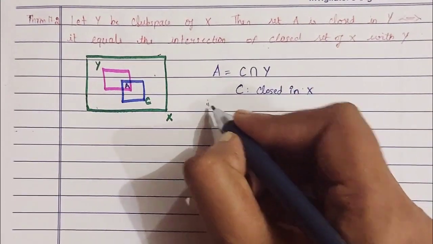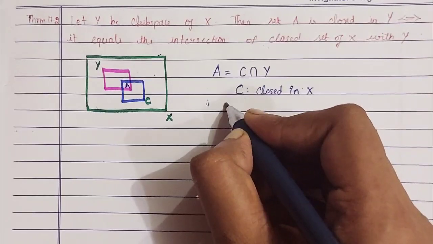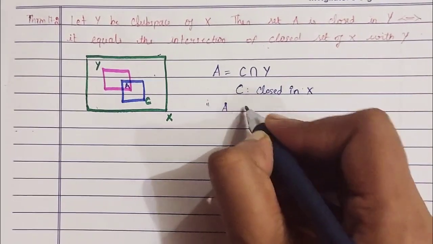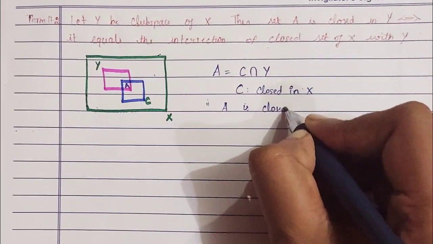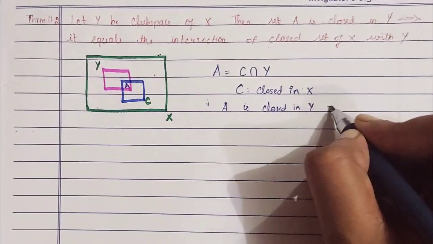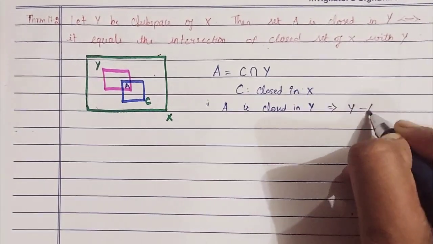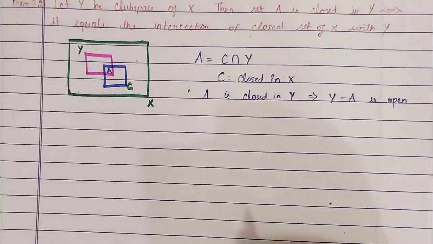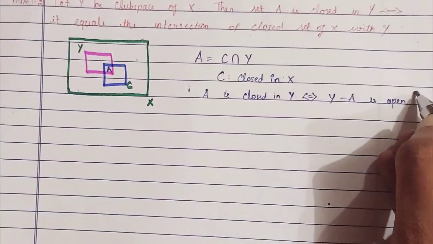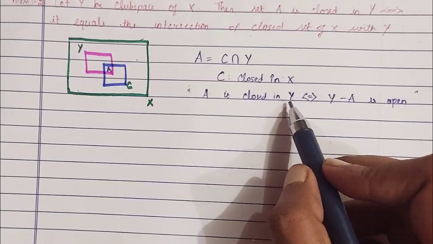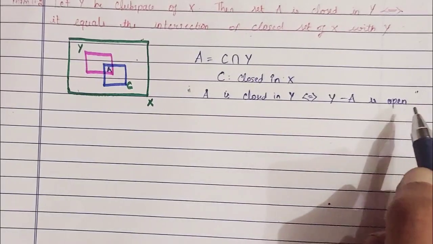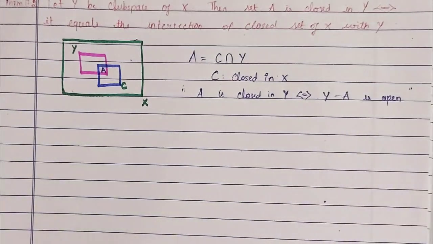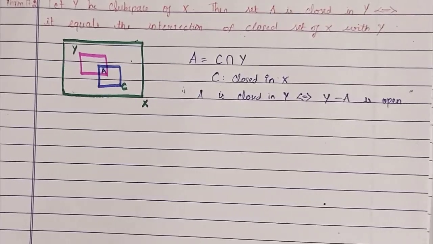And we should know that if A is closed in Y, this implies Y minus A is open in Y. This is the result we can write in this way. So when you have to say something is closed, you have to say that its complement is open. So that's a result, and that's what we are going to take and prove.